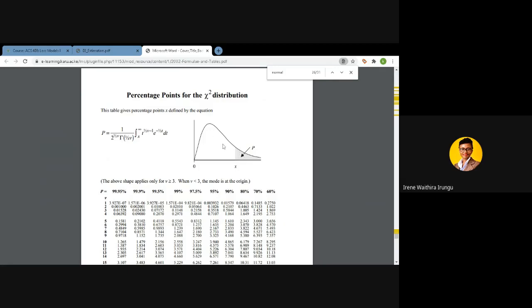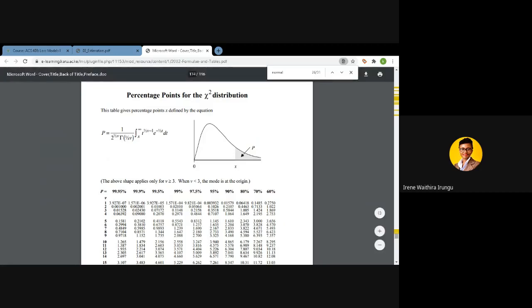So if you want this area, I should choose this probability to be 100 minus the 99.95. We should read the corresponding p-value as 100 minus that, which is 0.05%.